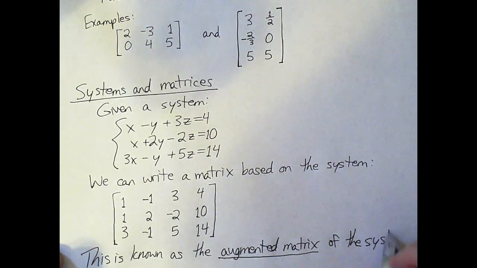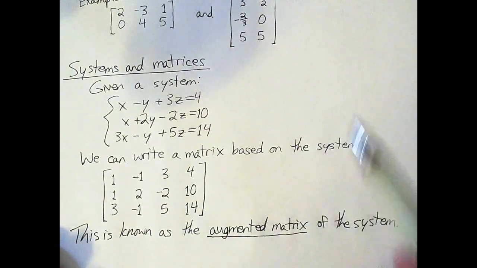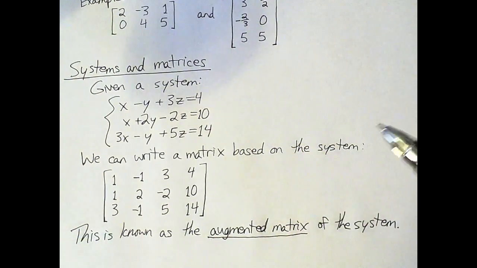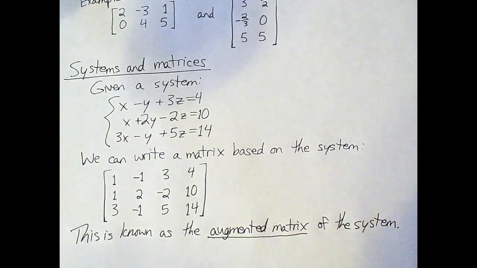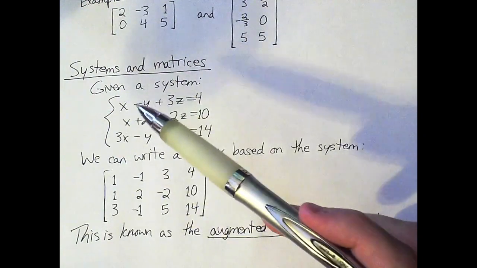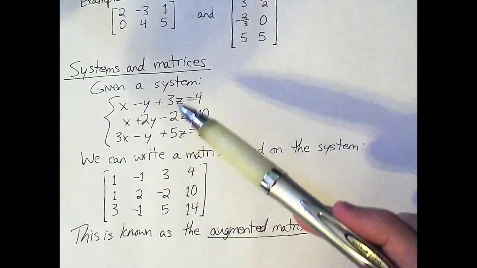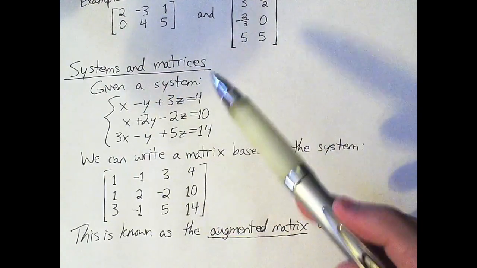And really, what this matrix does is it captures all the important information about the system, because we know that every problem that we saw in the previous lesson was in this form. It always had a column of x's, a column of y's, a column of z's. So we would always write x's and y's and z's and equal signs.